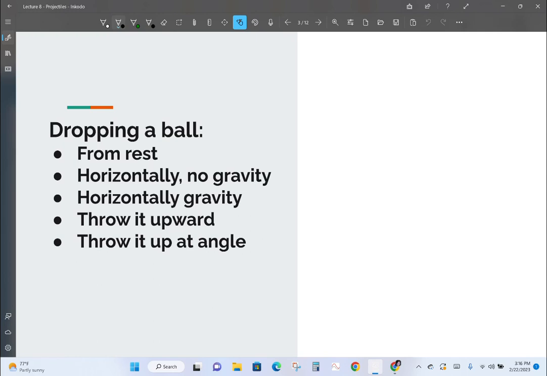So let's imagine a ball that we are going to do some experiments with. First of all, imagine throwing a ball with no gravity.